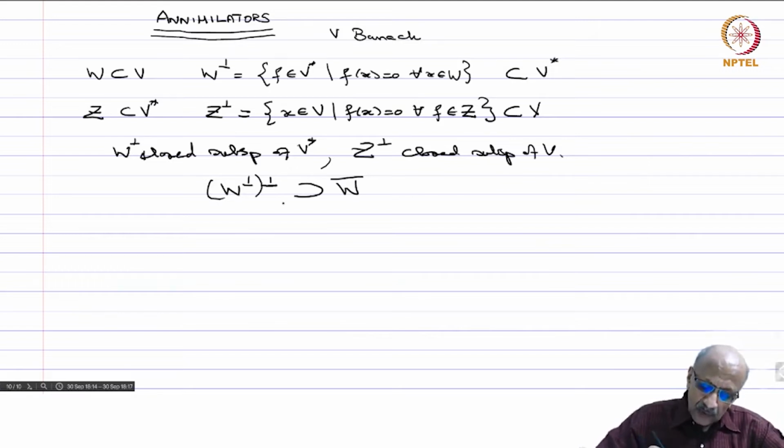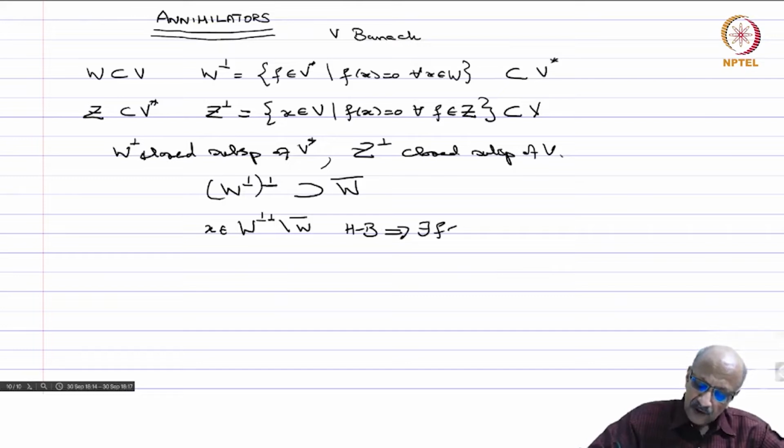Yes, we do. Suppose we have an x in W perp perp minus W closure. Then Hahn-Banach tells you there exists an f in V star such that f of x is not 0, but f restricted to W is identically 0.